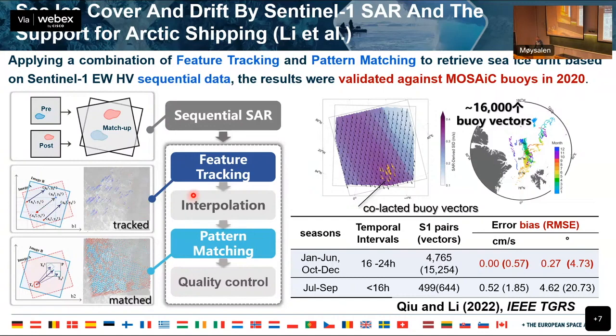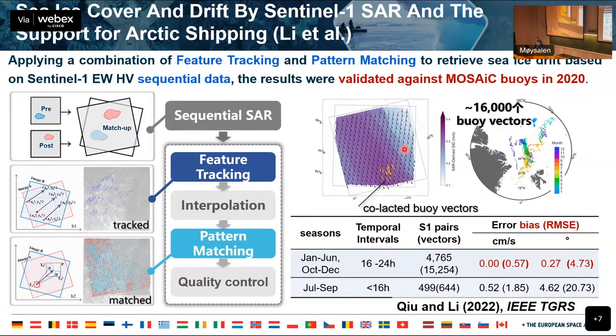It is using computer vision algorithms like ORB or SIFT, but the results are very inhomogeneous, and this is then used as the input for the pattern matching, which is more consistent. It can produce uniform field of ice drift vectors.